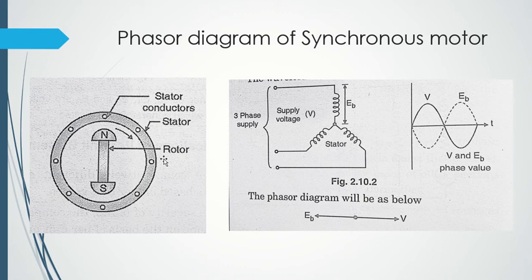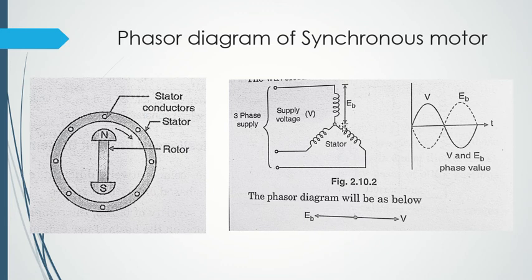So this back EMF EB will act in the opposite direction of my supply voltage. If my supply voltage is going in this direction, as in this phasor diagram, then EB will be in the opposite direction, 180 degrees phase shifted, completely opposite. Here you can see we have a three-phase supply, and this is my rotor, and this will be my EB.